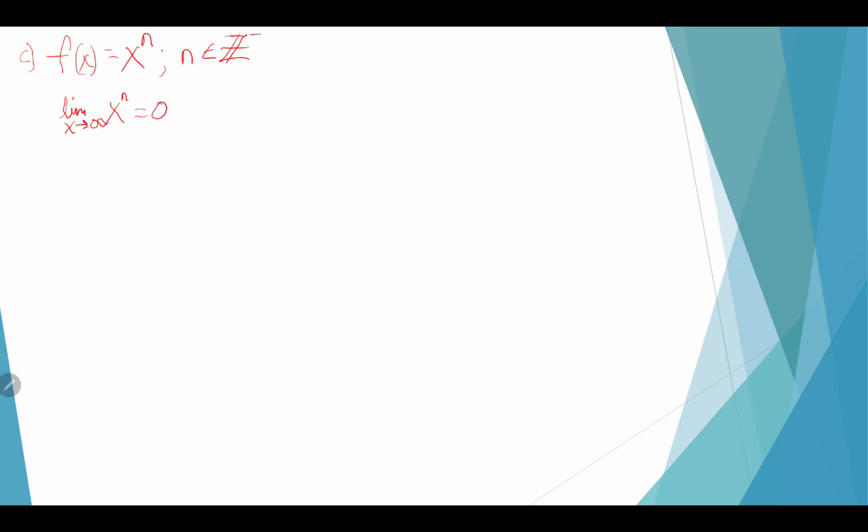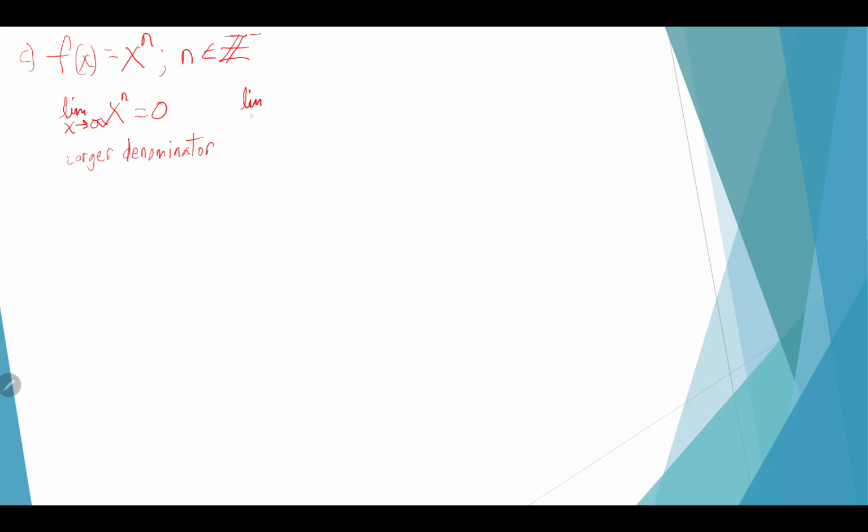Because the exponent is negative, so the idea is, well, this is going to become a larger denominator. And it's always over 1, so that's getting closer and closer to 0. So that part's pretty straightforward.